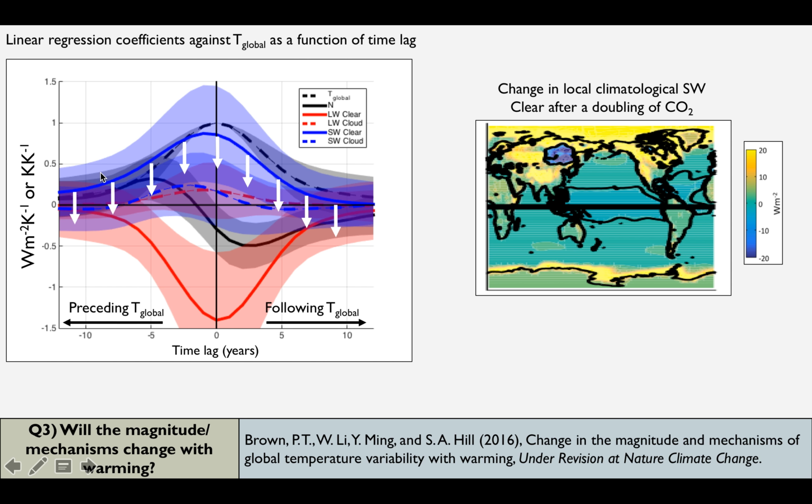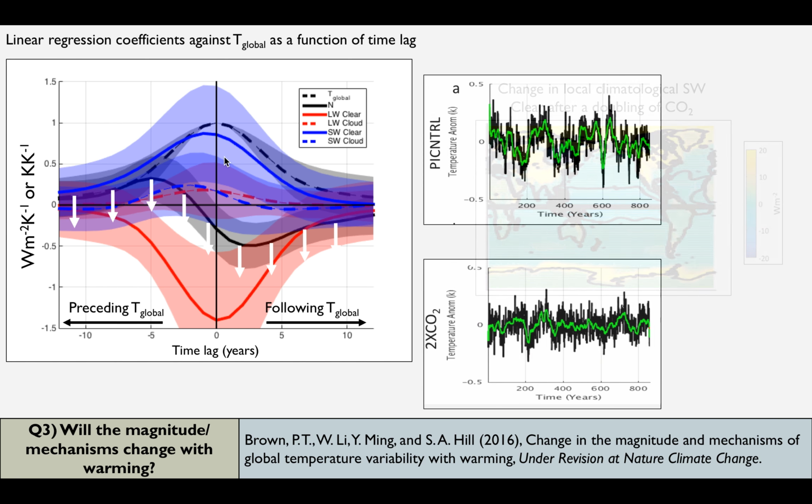So essentially what happens is, without that snow and ice available to vary, that feedback becomes much less able to influence temperature. So you get a decrease in how large the clear sky shortwave feedback is, which then feeds into the net top of atmosphere energy budget, meaning that the entire net top of atmosphere energy contribution to global temperature change decreases in terms of its positive influence on that temperature change.